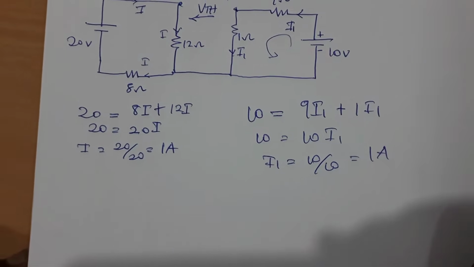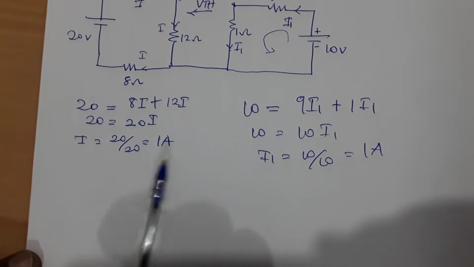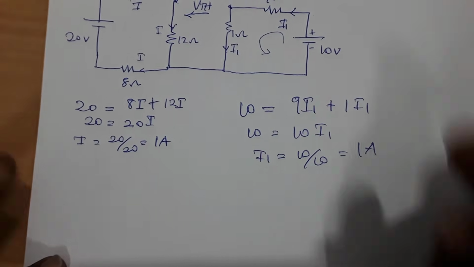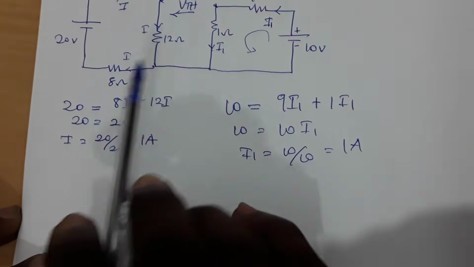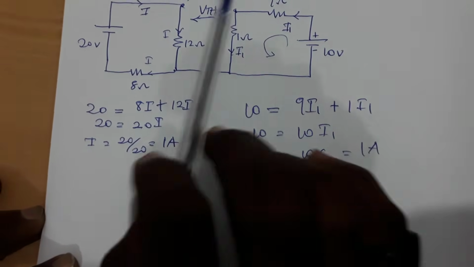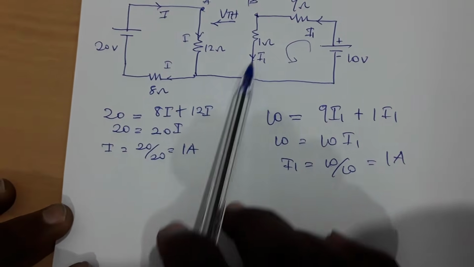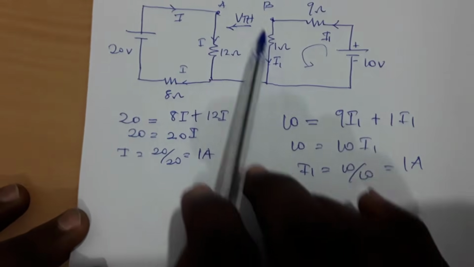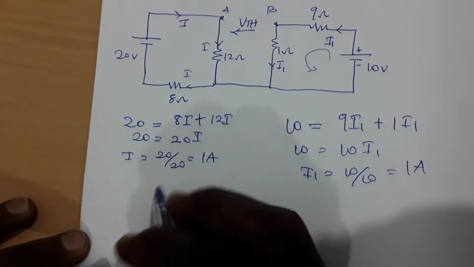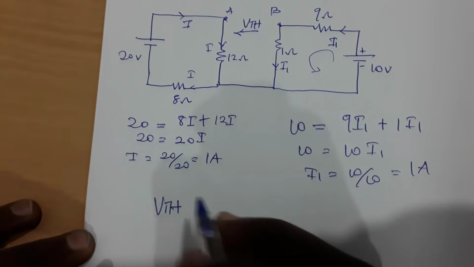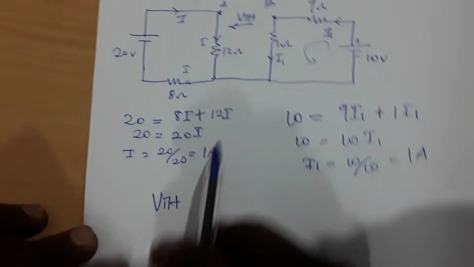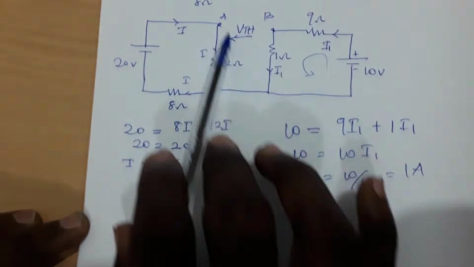So we can see it is very simple. But our aim is to find the VTH. So for the VTH, we can take a loop like this loop and find our VTH. That's the only voltage source here because we are treating the VTH as a source.